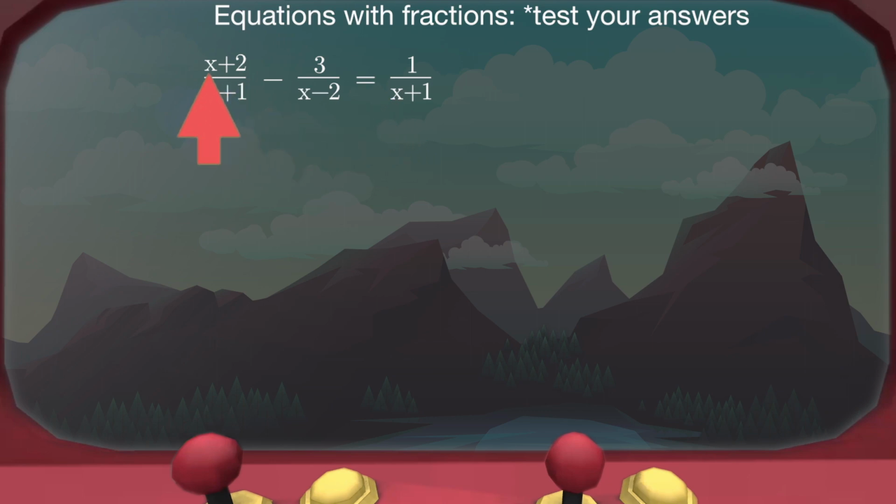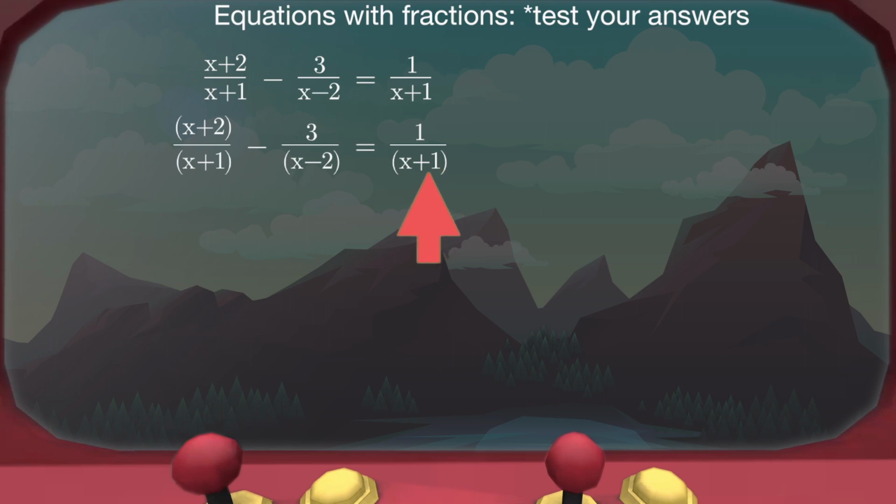So that means I'm just basically going to put these numerators and denominators in brackets. Therefore, I get x plus 2 in brackets divided by x plus 1 in brackets, minus 3 divided by x minus 2 in brackets, is equal to 1 over x plus 1 in brackets. Or I can say parentheses because they are called parentheses, but I'm just going to say brackets, okay?